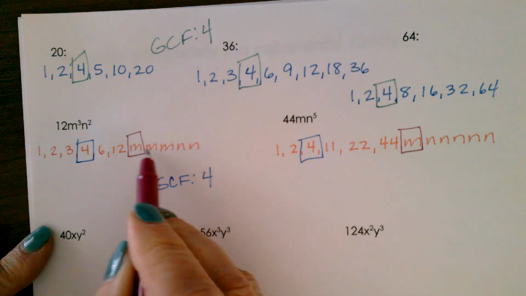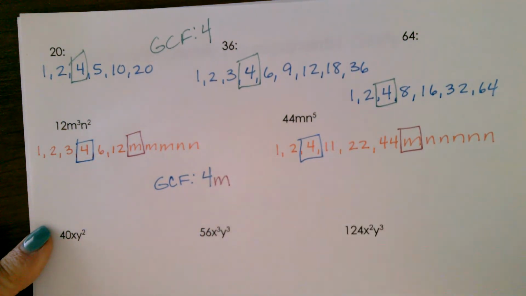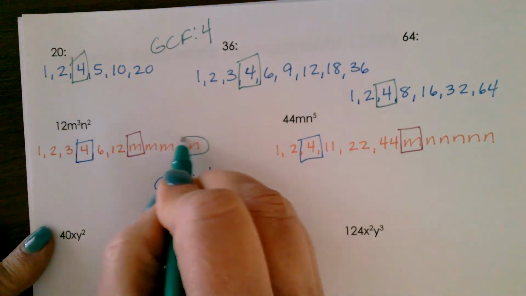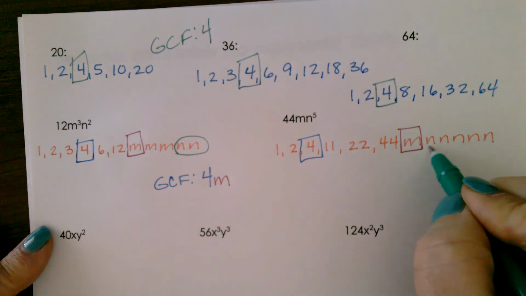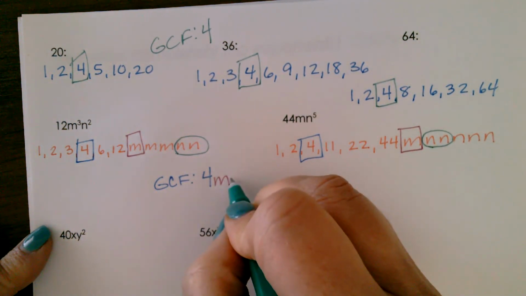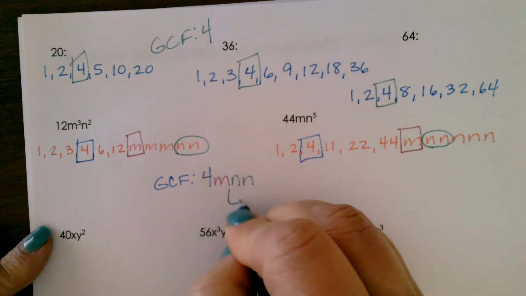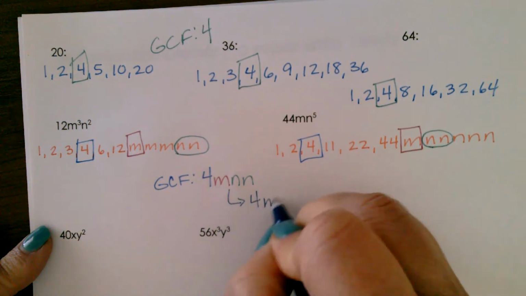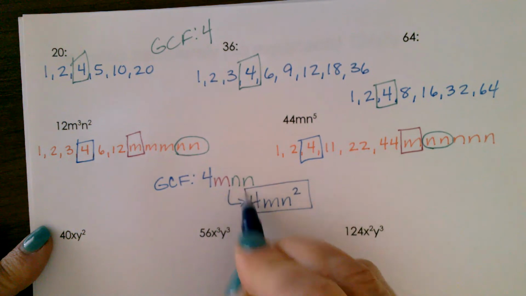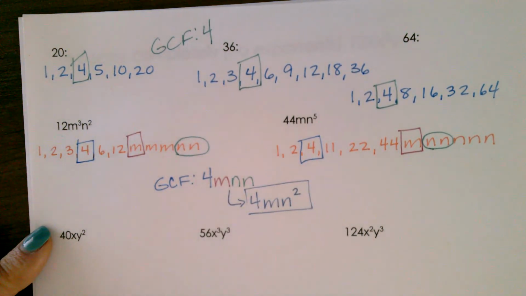I realize this one has 3 of them, but this one only has 1, so there's 1 M in common. Over here, we have 2 N's, and over here we have 2 N's. So we have N and N. We will write this as 4MN squared. That is the greatest common factor between these two monomials.